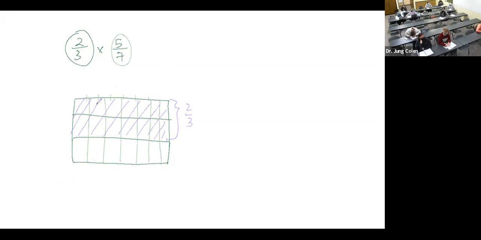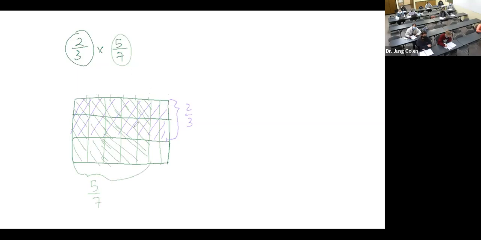It's 7 equal pieces, and we have only 5 shaded. 1, 2, 3, 4, 5. 5 parts are shaded. So this will show you 5/7, right?